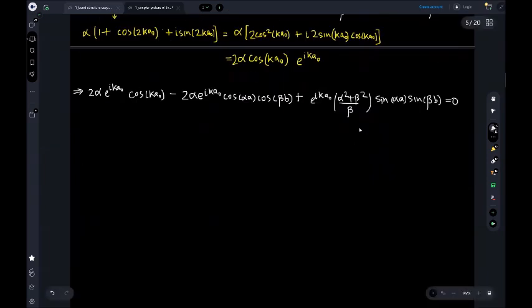First of all, I'm going to cancel this factor, and divide this equation by the term 2 alpha, and rearrange and rewrite it in another form, which will be useful. So hang in there with me.